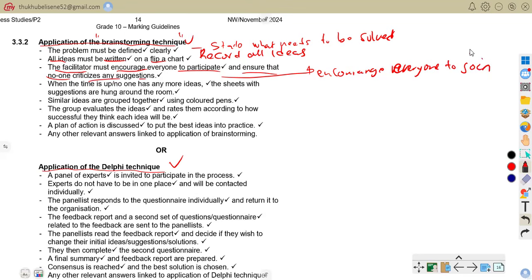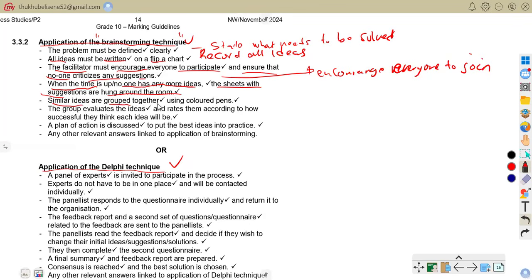Everyone shares ideas freely. You allow everyone to share ideas freely. When the time is up, no one has any more ideas, and the sheets with suggestions are hanging around the room, that is when the group evaluates ideas, combines similar ideas and chooses the best.